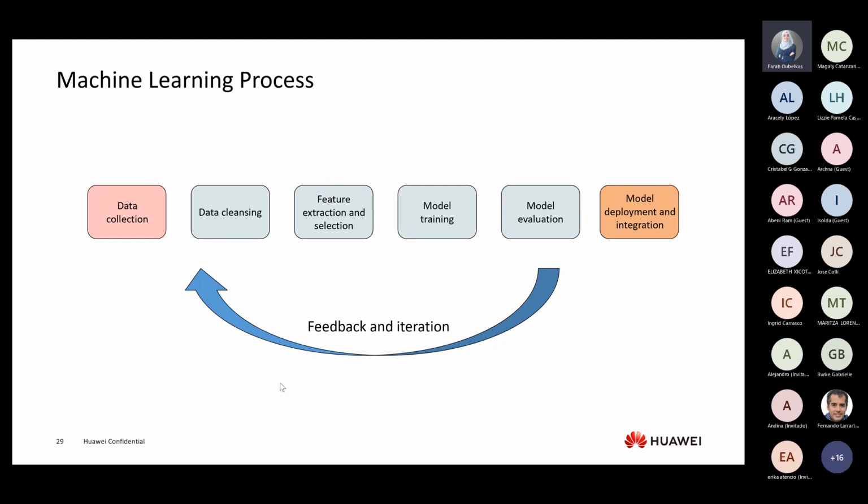The majority of the time, more than 80% of the time, we spend in this part of data collection and data cleaning, because sometimes there are projects that don't have enough data, or that need private data.